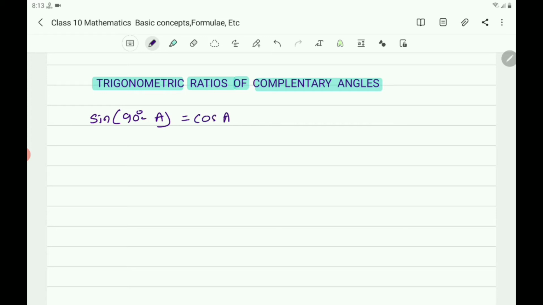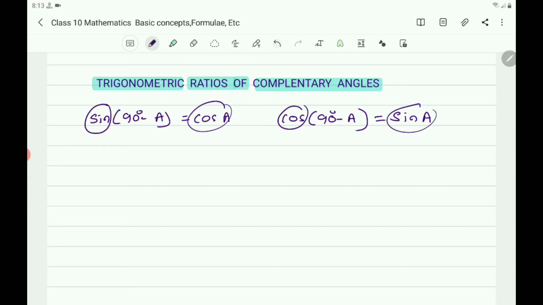Cos A. And cos 90 degree minus A is sin A. Complementary of sin is cos, complementary of cos is sin. See, they are in the cos sin, sin cos. You must keep in your mind.